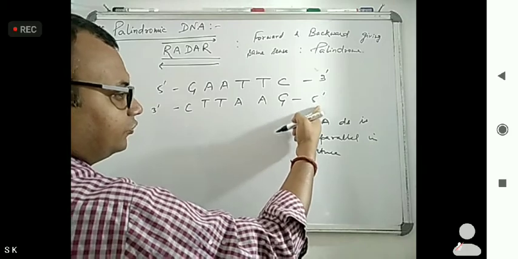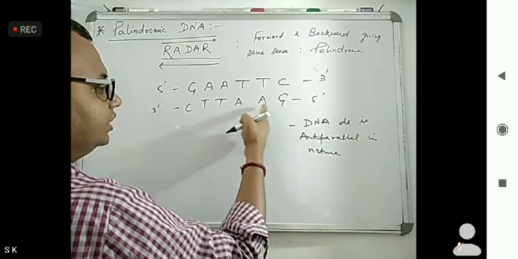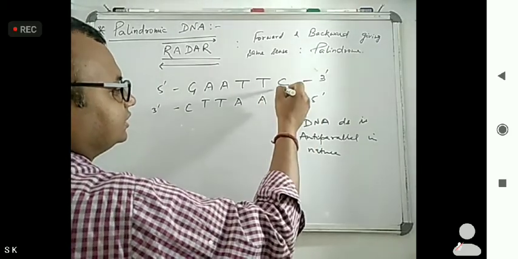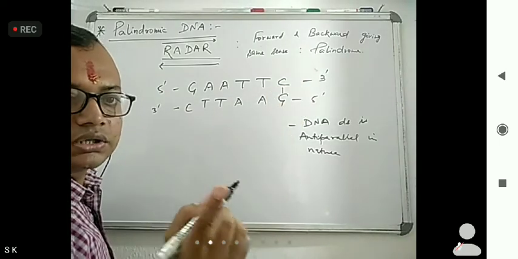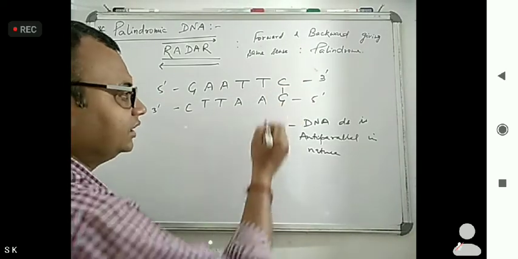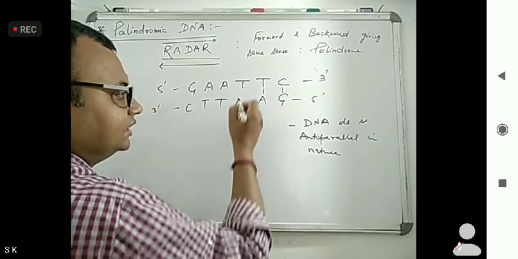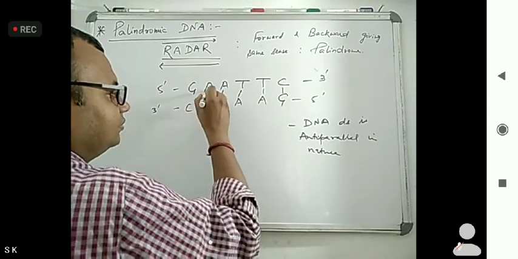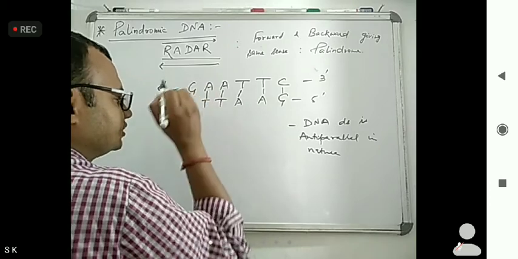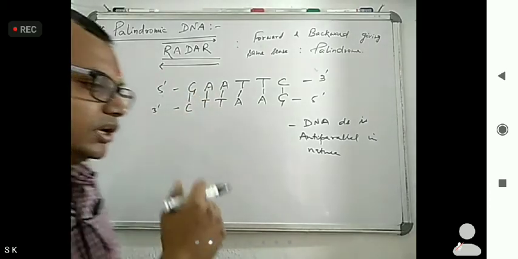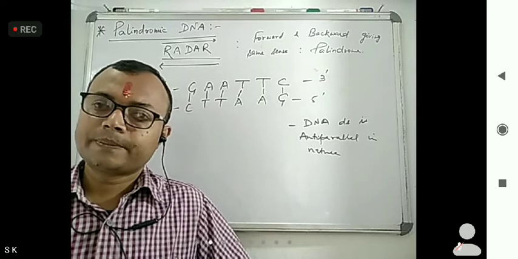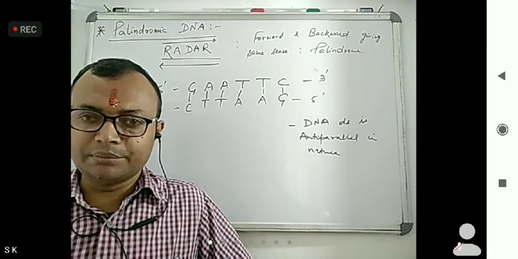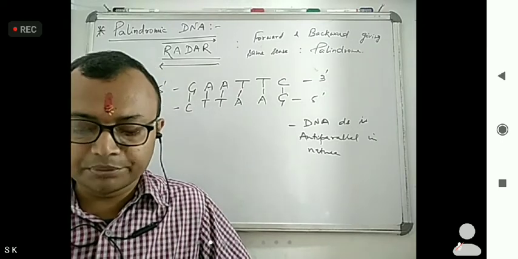Cytosine combines with guanine, thymine with adenine, adenine with thymine, guanine with cytosine. In this way, if the sequence of DNA comes, that is known as a palindromic sequence.